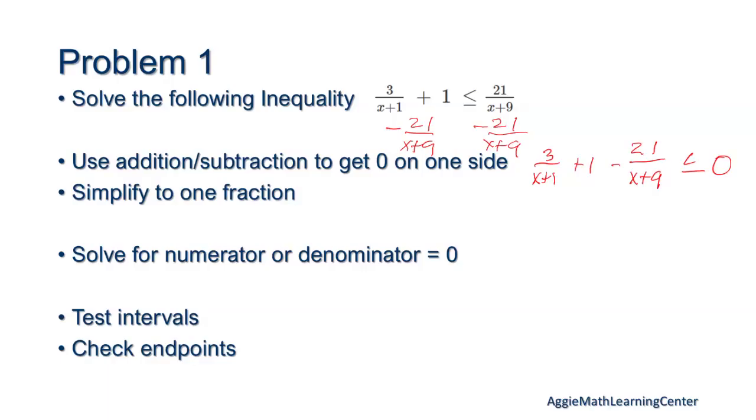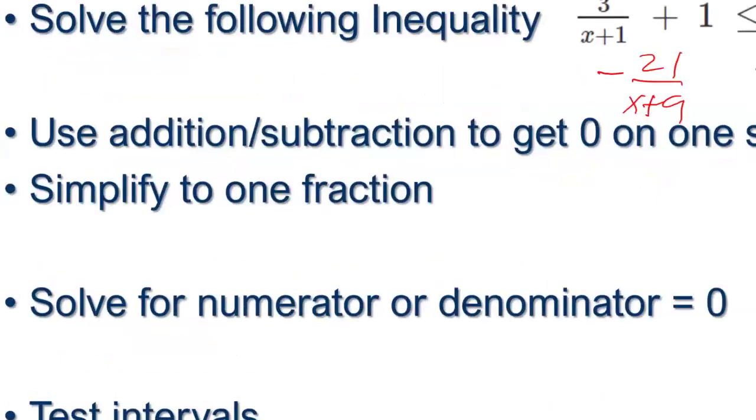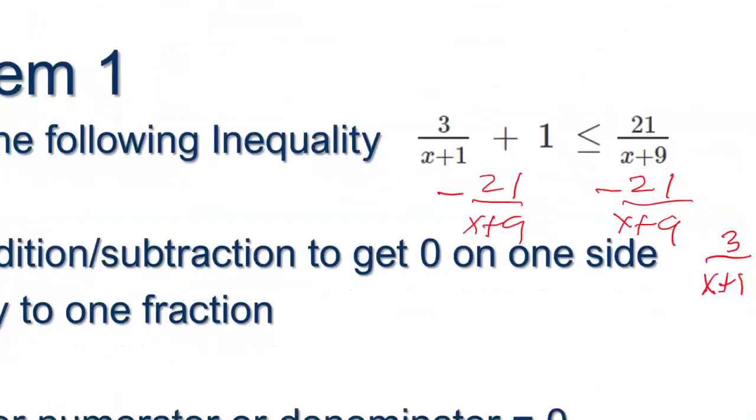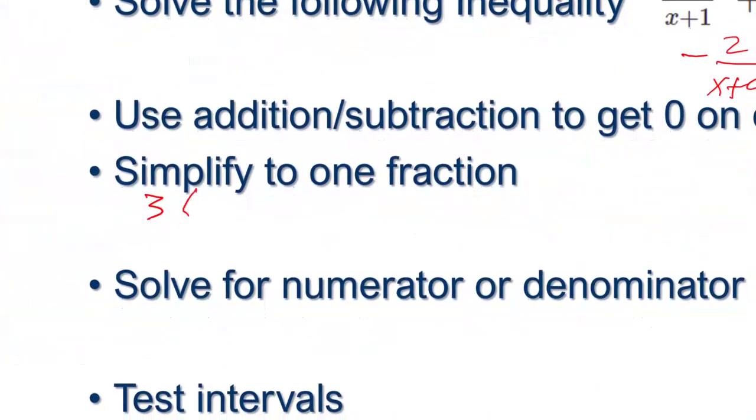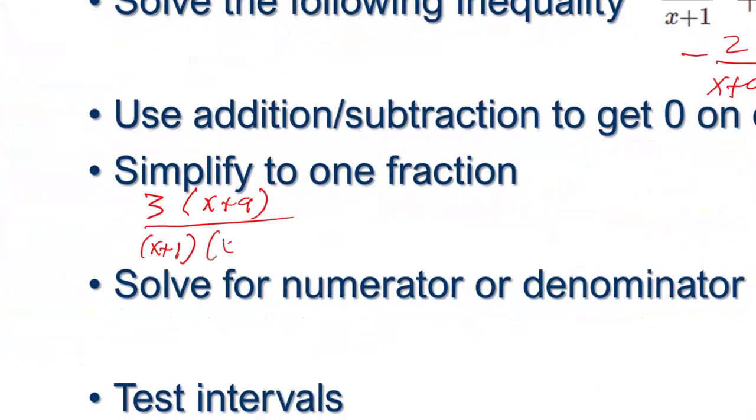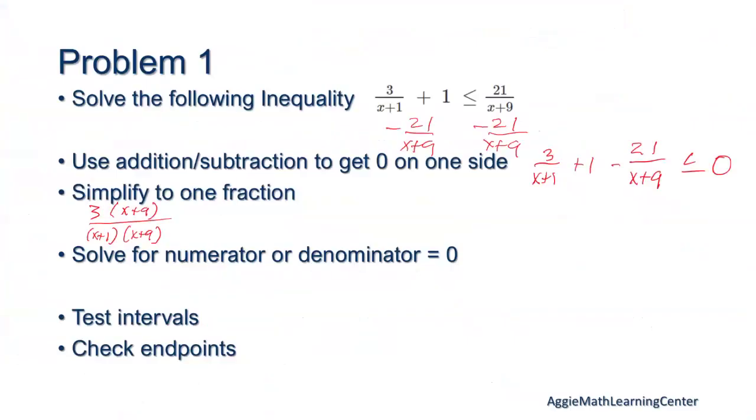So if you have a 3 over an x plus 1, it needs to be multiplied by x plus 9 so that we have the common denominator.